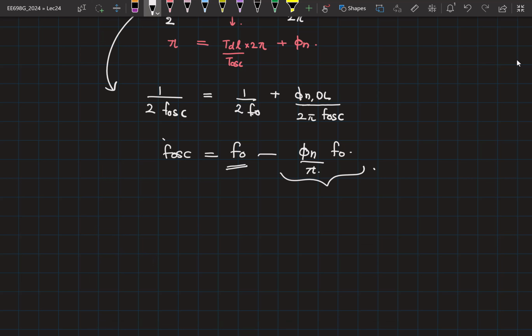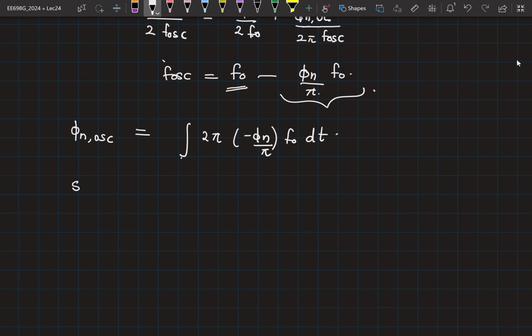Can you give me an expression for phase noise of the oscillator? What should we do to frequency noise to get phase noise? You have to integrate frequency noise in radians per second. So you will have to integrate 2 pi times the value of the phase noise given here. Which means, what is the PSD?